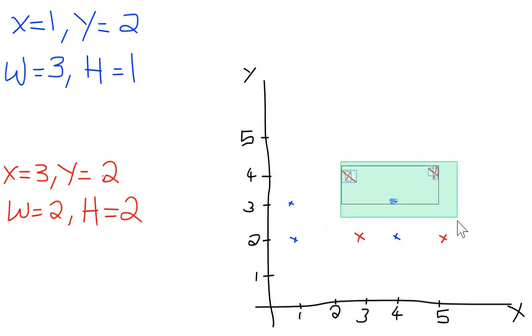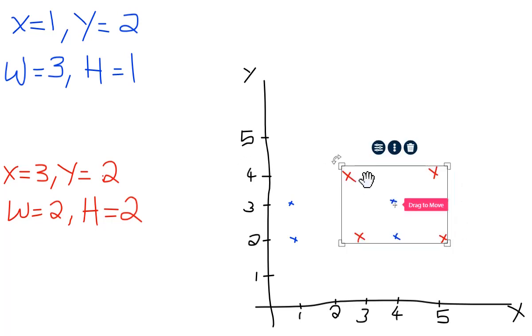The second one is marked in red: x is 3 and y is 2, that is the starting point, and the width is 2, going up to 5 on the x-axis, and the height is equal to 2, going up to 4 on the y-axis.